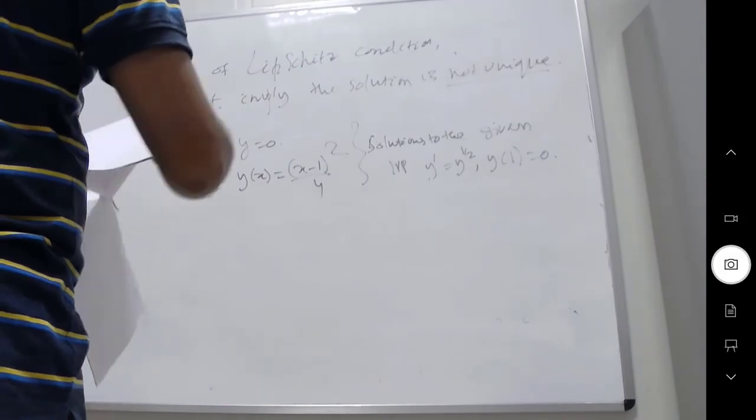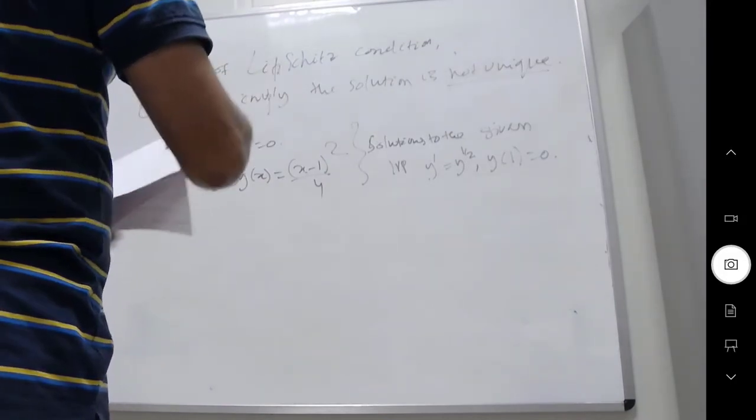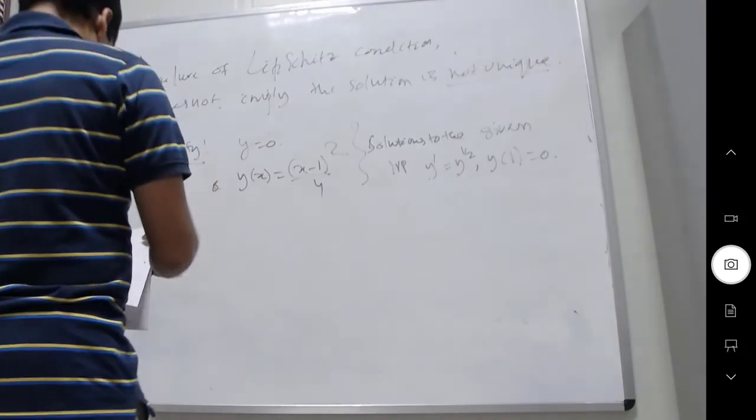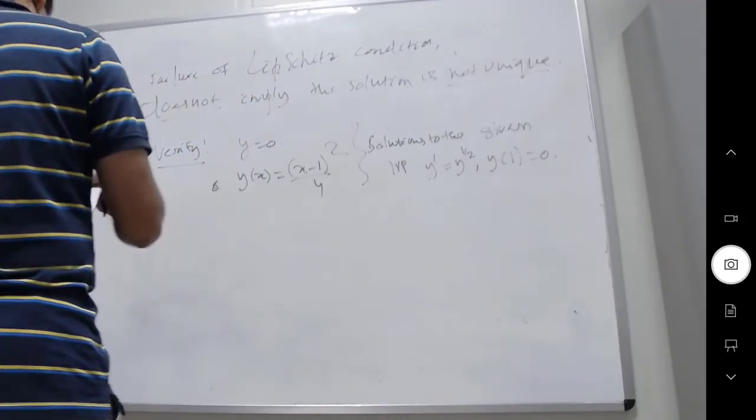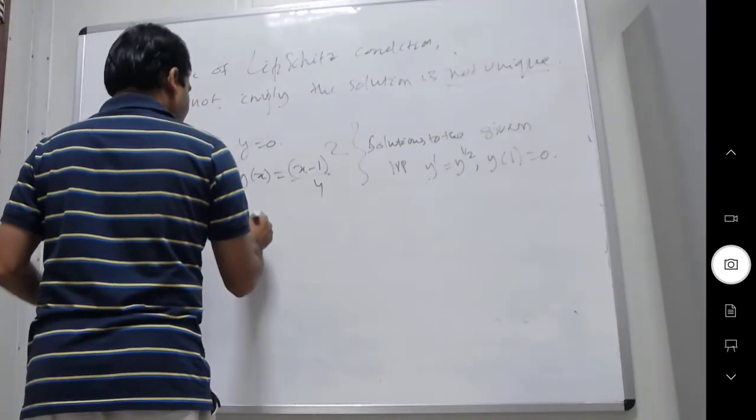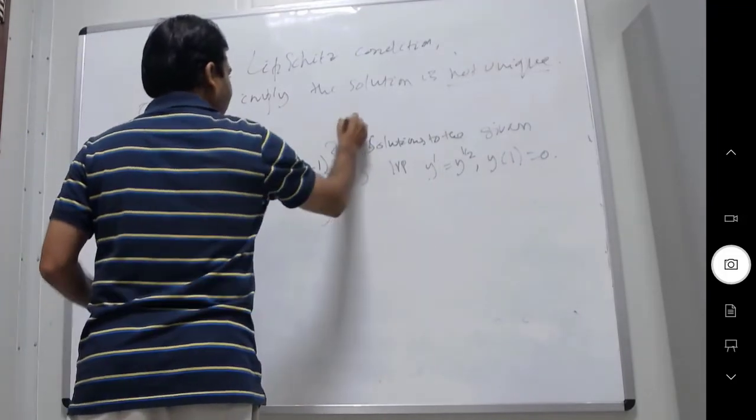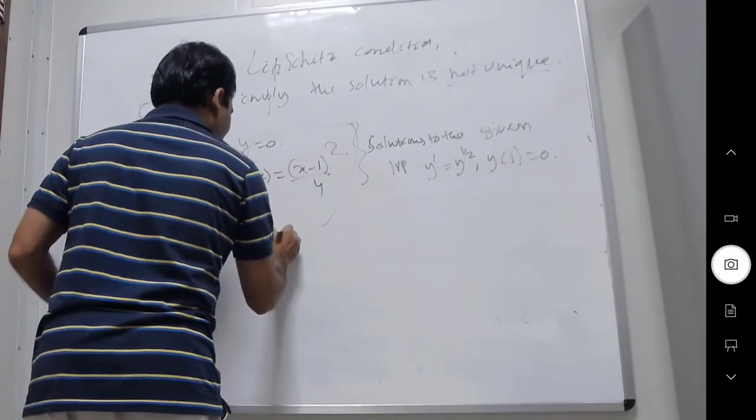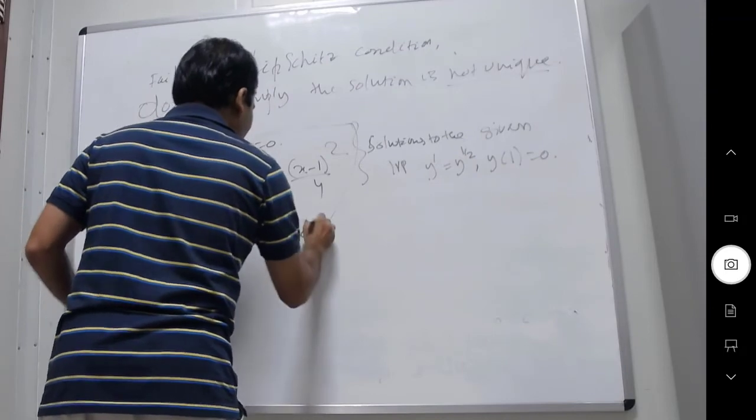And once you solve it, you will find out that this is also a solution, in the interval minus infinity less than x less than infinity. So these are the solutions.